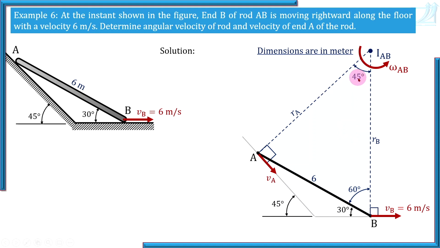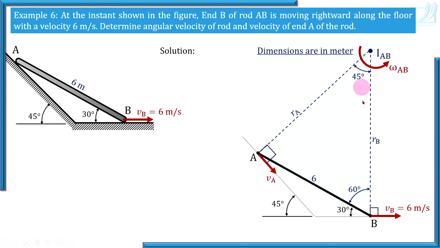How come 45 degrees? VA makes 45 with the horizontal, so we are sure that RA makes 45 degrees with the vertical. Do you know the direction of VA? Yes, VA makes 45 with horizontal, so RA makes 45 with vertical.